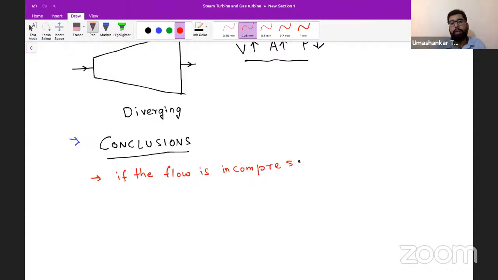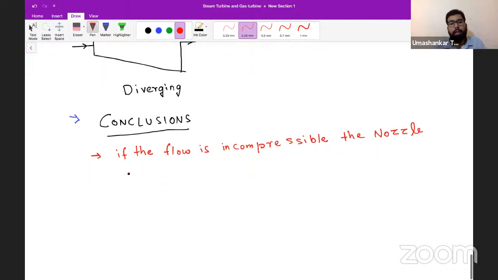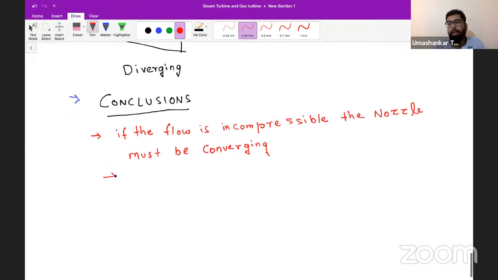If the flow is incompressible, the nozzle must be converging.